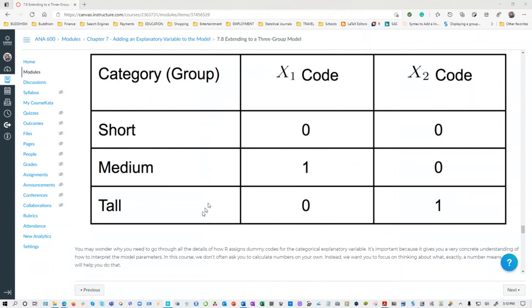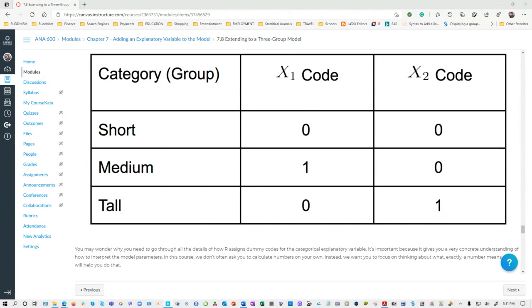So if somebody is in the short group, this simply means X1 is 0 and X2 is also 0. Medium group means X1 is 1, X2 is 0. And tall group means we have 0 and 1.